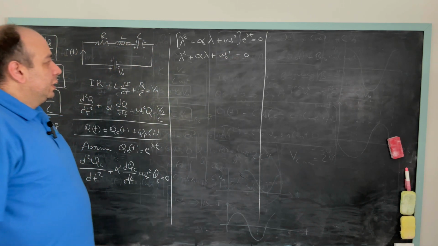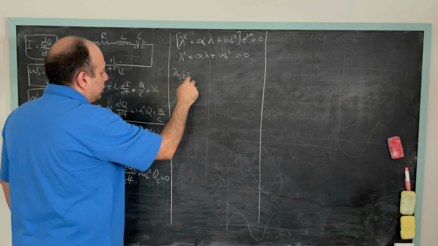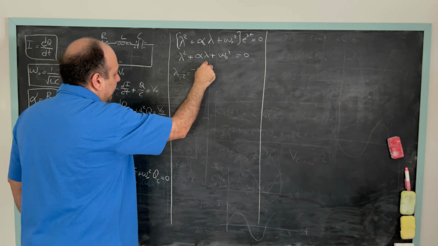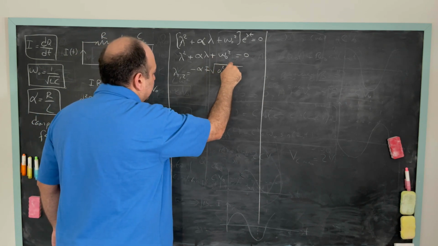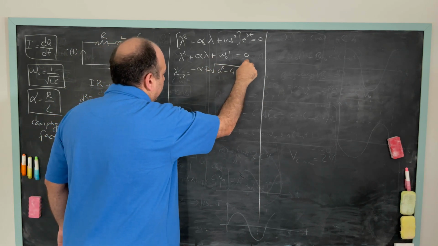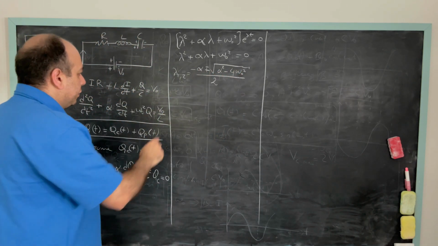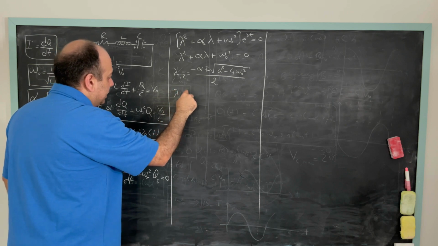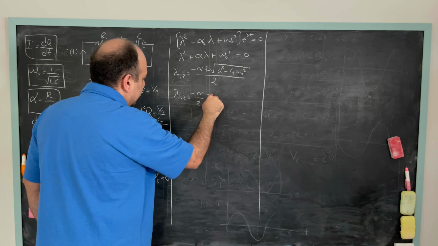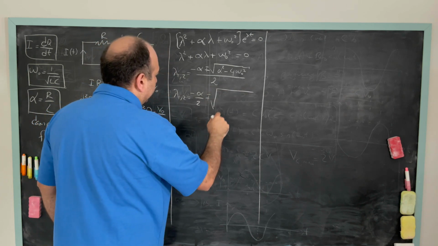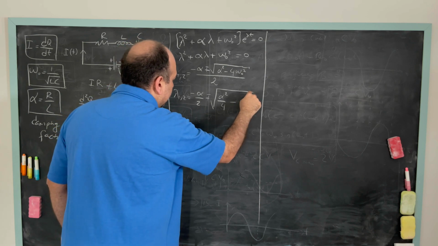The solutions for lambda, which I will call lambda 1, 2, will be equal to minus alpha plus or minus square root of alpha squared minus 4 omega naught squared, over 2. In other words, lambda 1, 2 can be written as minus alpha over 2 plus or minus the square root of alpha squared over 4 minus omega naught squared.